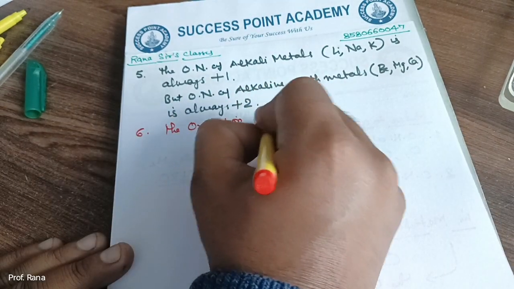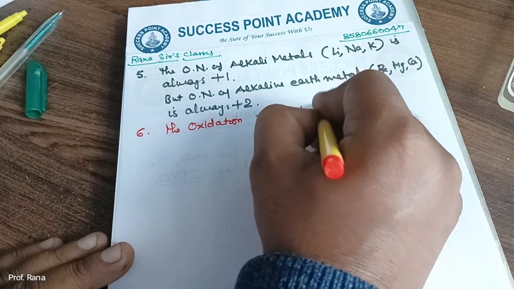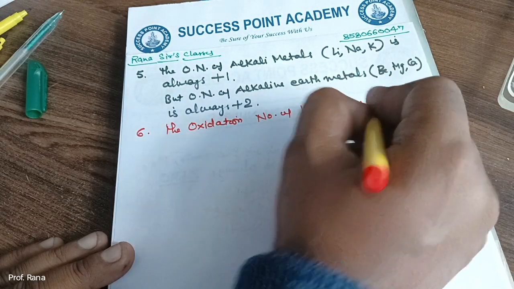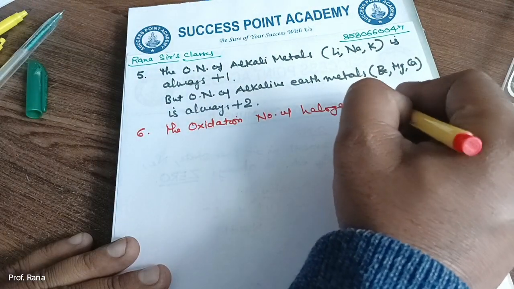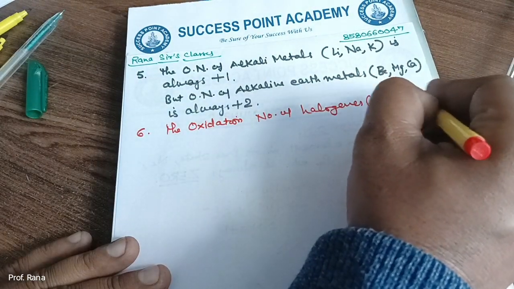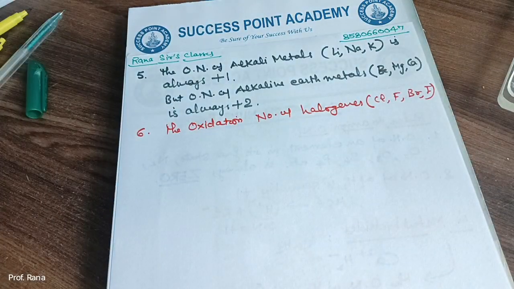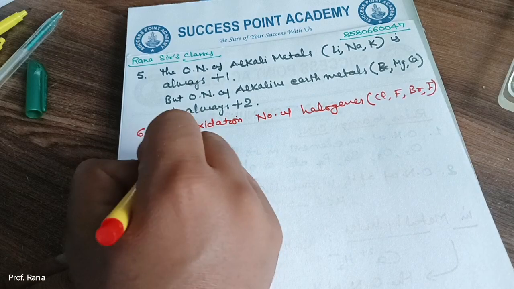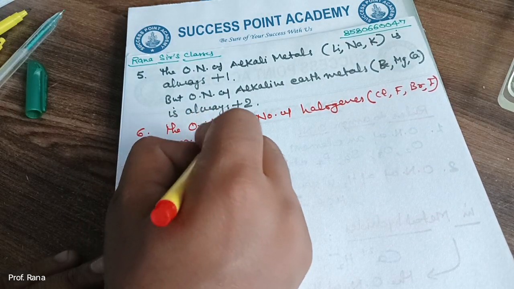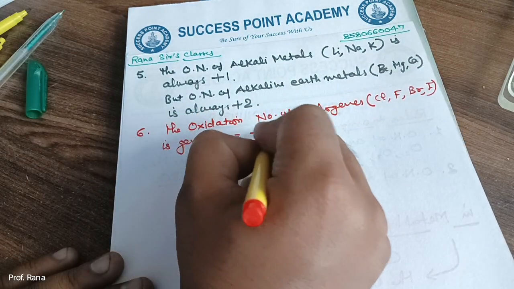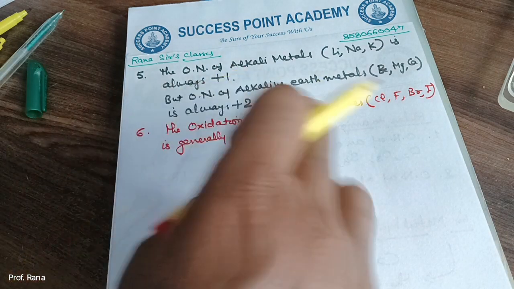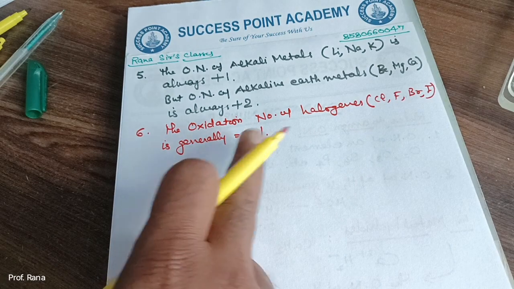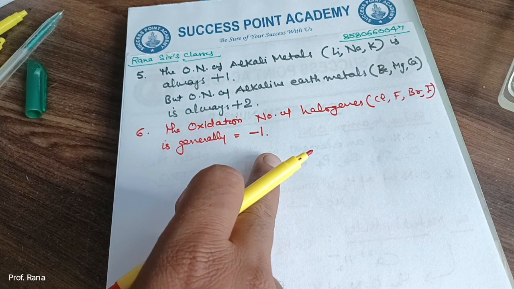Halogens, that you know are group 17 elements, like chlorine, fluorine, bromine, iodine, etc. Generally it is -1. Note it. Okay, the oxidation number of halogens is generally -1.